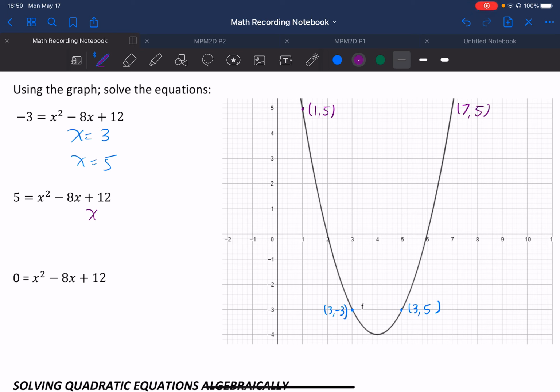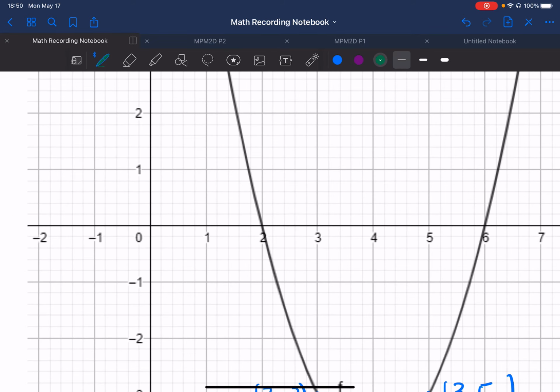So that means our x values for this one are x equals 1 and x equals 7. Last one, we're looking at when y equals 0. We're looking for the two x values when y equals 0. Again, we're going to look down here. We can see one time that happens at 2, so we've got 2 and 0. Again at 6, so we've got 6 and 0.